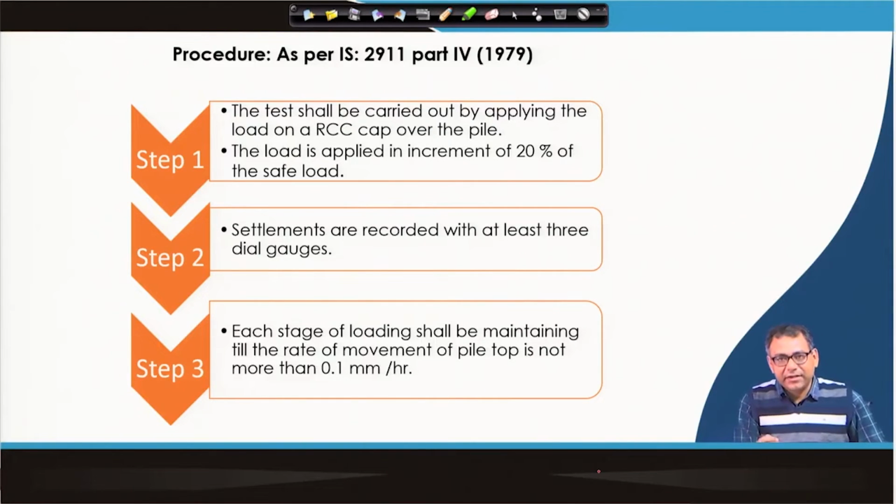Settlements are recorded at 3 dial gauges and average values are used as the settlement of the pile corresponding to a particular load. Each loading stage is kept on the pile till the movement of the pile top is not more than 0.1 millimeter per hour.